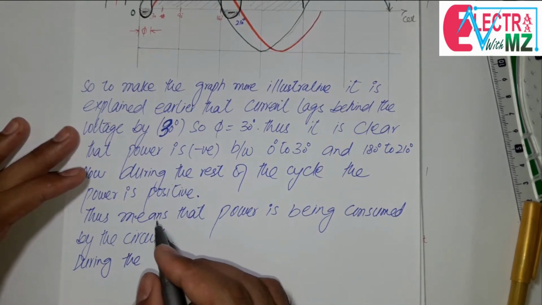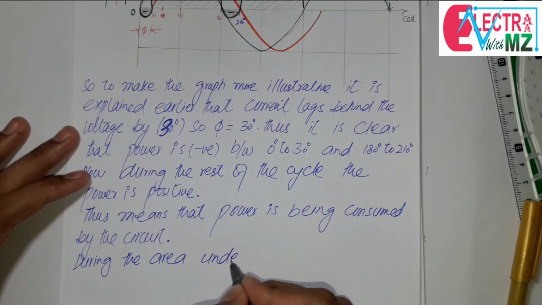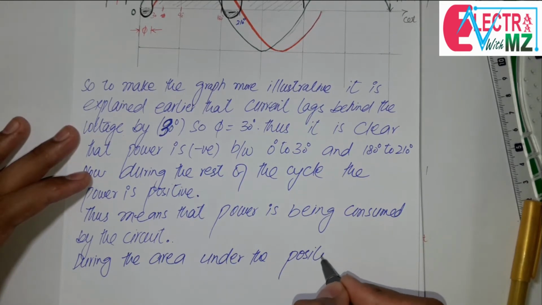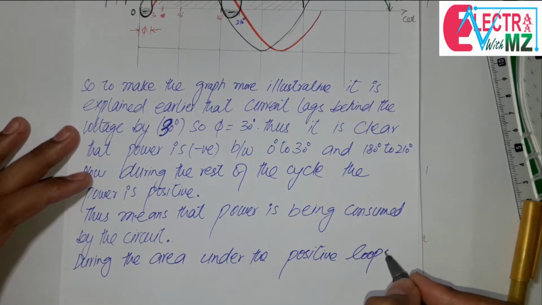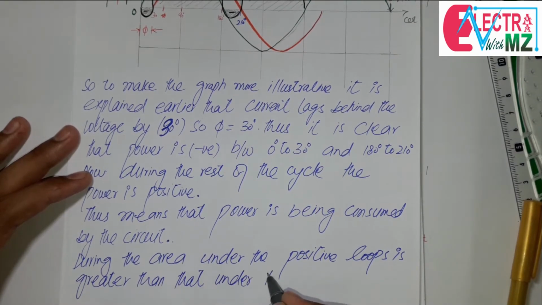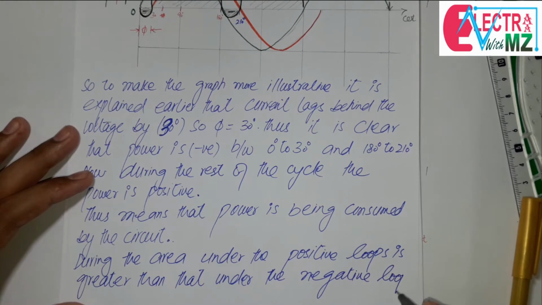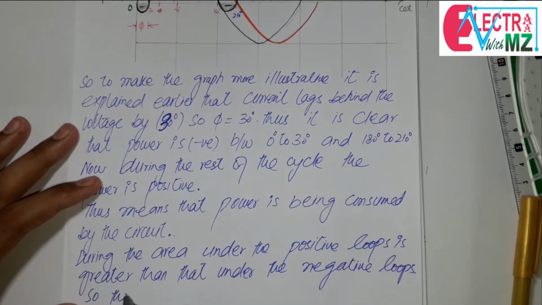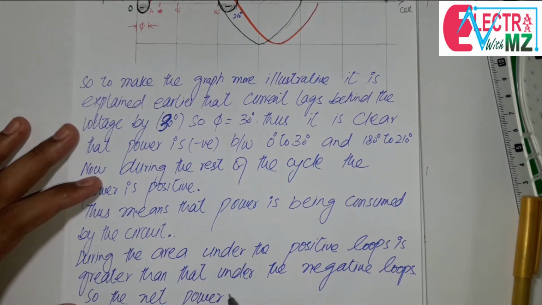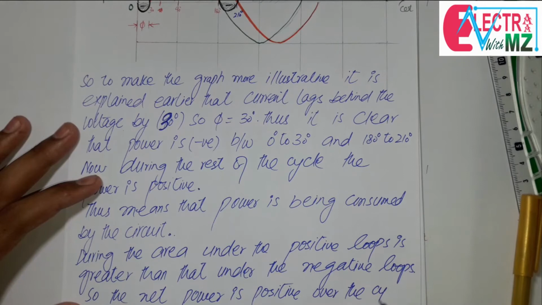Now during the cycle, the area under the positive loop is greater than that under the negative loop, so the net power is positive over the cycle.